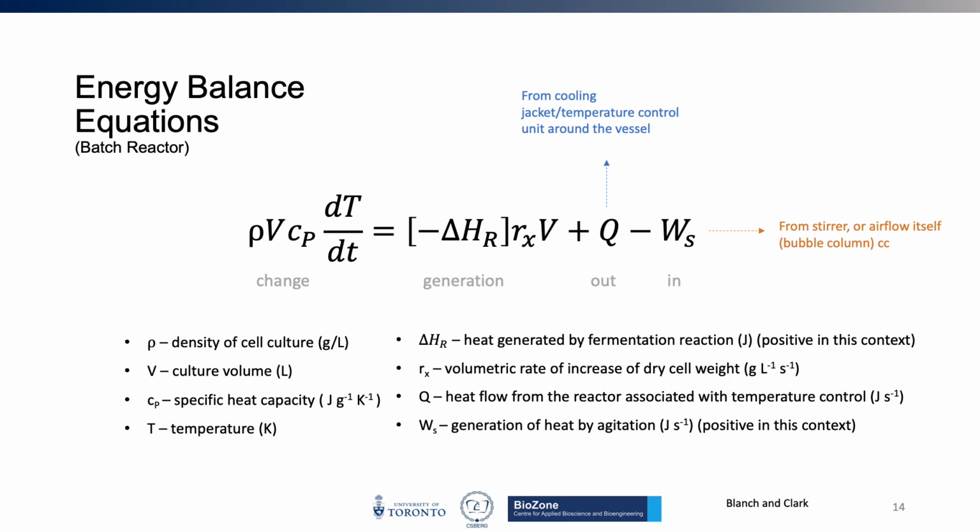And then during the exponential phase, you would need to remove heat to maintain optimal temperature. So the plus Q sub term would need to be a positive value. So Q would be a positive value.